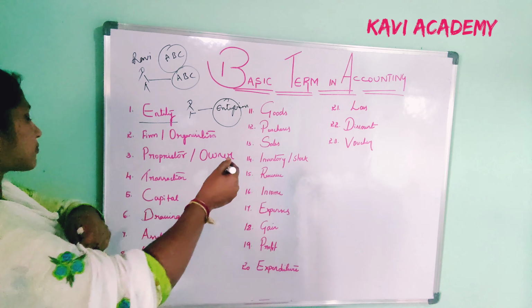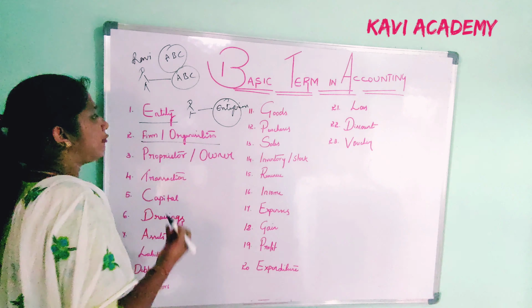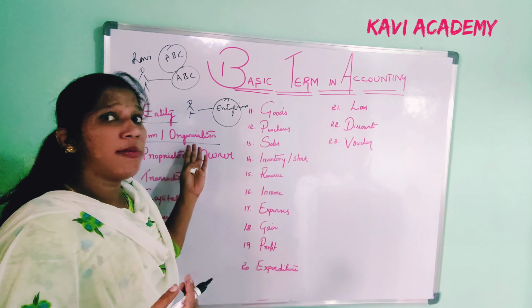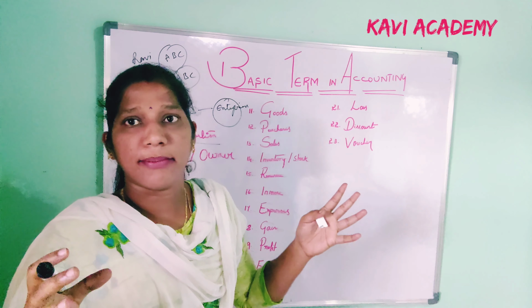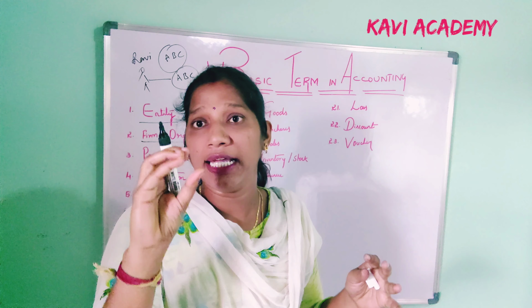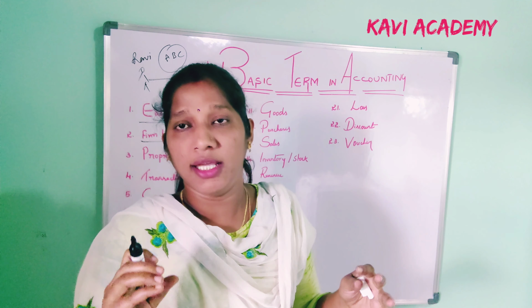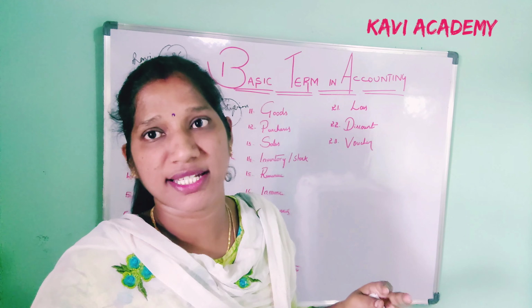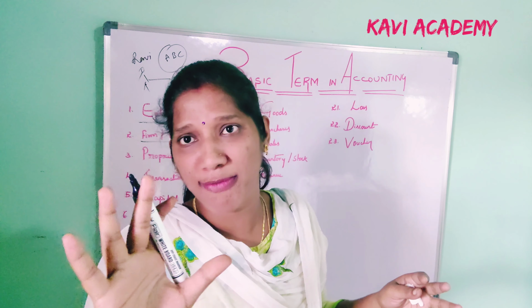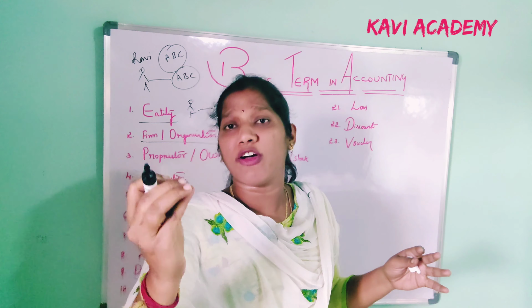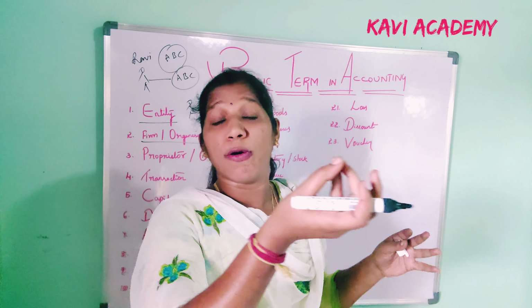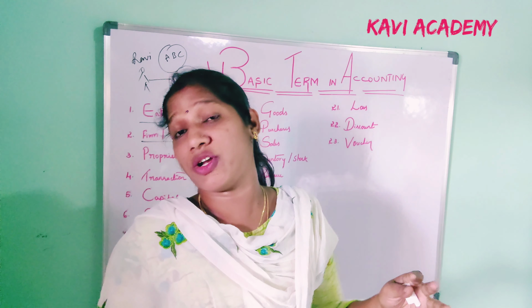Now come to the second term, the firm or organization. Firm or organization means you can start your business, and we need to identify the business. How many forms of business organization do we have? We have five forms of business organization: sole proprietor, joint individual family business, partnership firm, cooperative societies, and joint stock company.